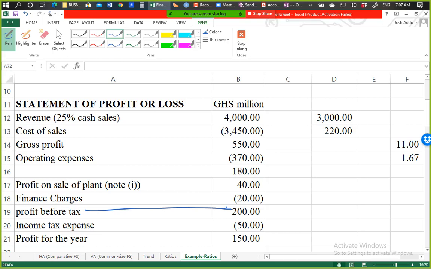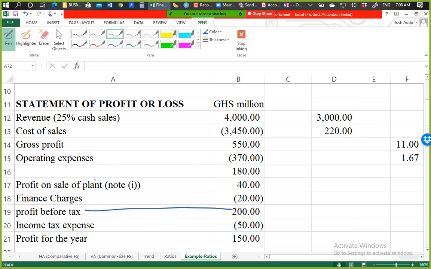See, just before finance charges and profits before tax, you'll see profit on sale of plant. Do you see that? Yes, sir.